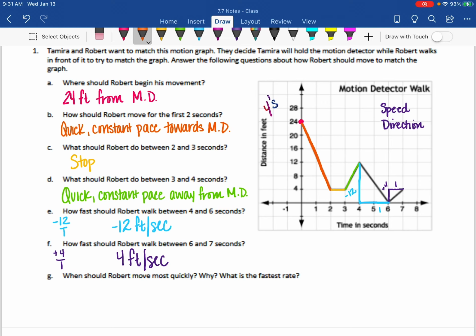And if I look at the graph, I should be able to tell where Robert is moving most quickly by looking at the steepness of each part. And to me, it's pretty clear that from 0 to 2 seconds, that orange piece of the graph is the steepest line on the graph. So 0 to 2 seconds. And I can say because it's the steepest line.